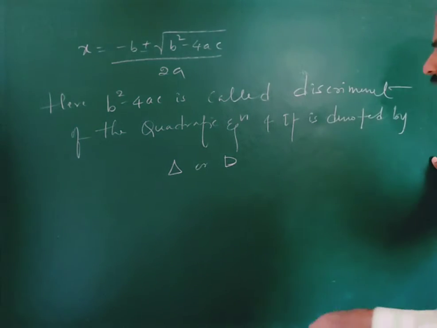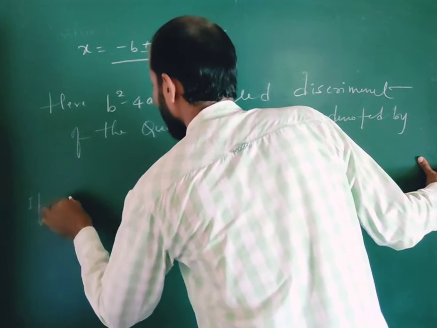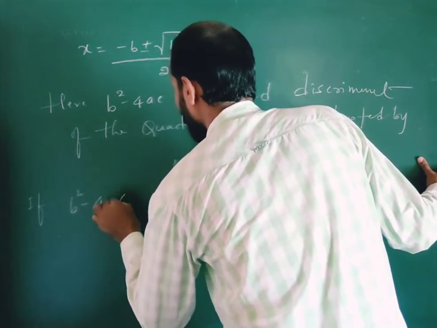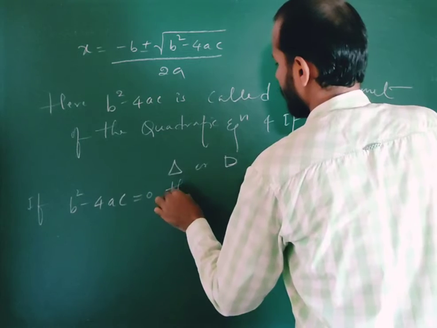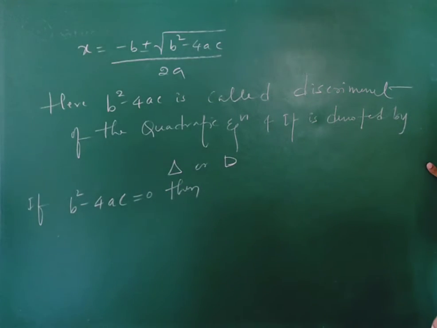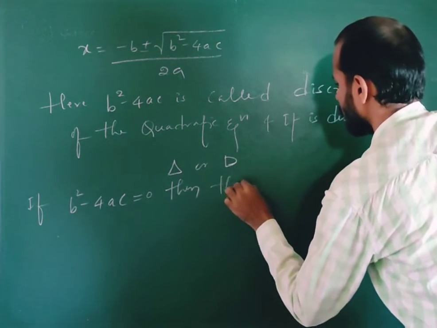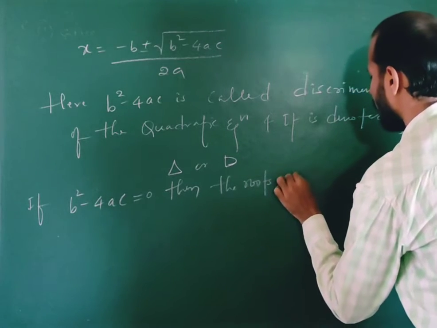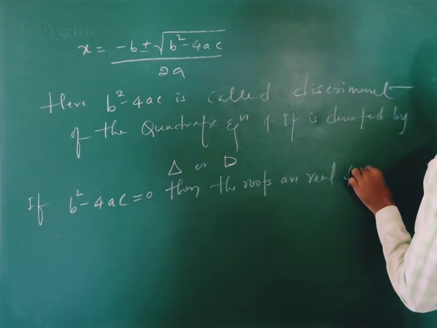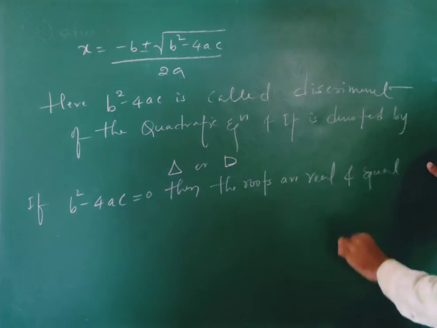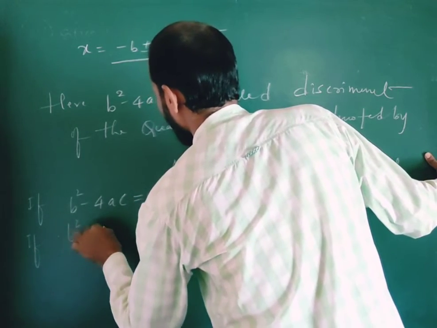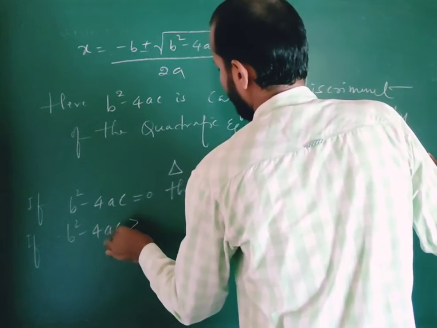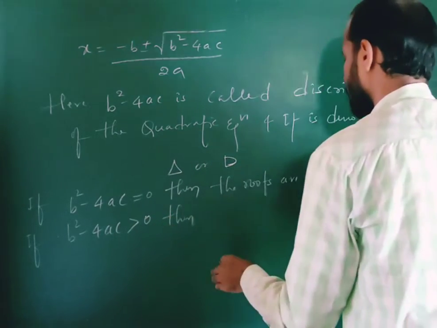The first one: if b square minus 4ac equals 0, then the roots are real and equal. Again, second case, if b square minus 4ac is greater than 0, then the roots are real and unequal.